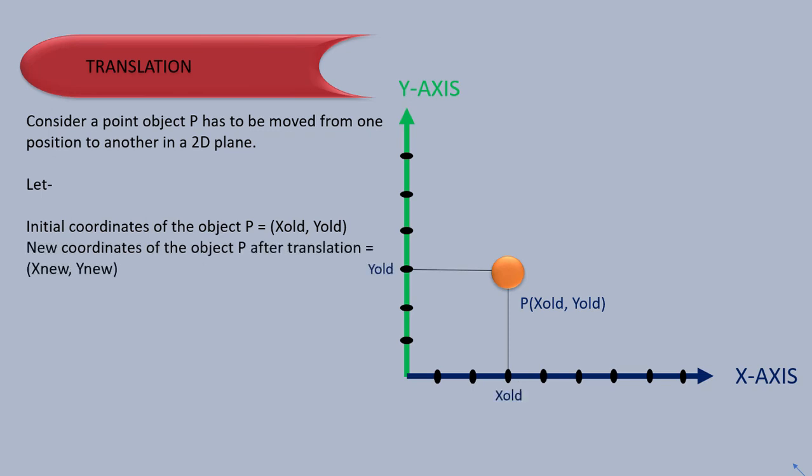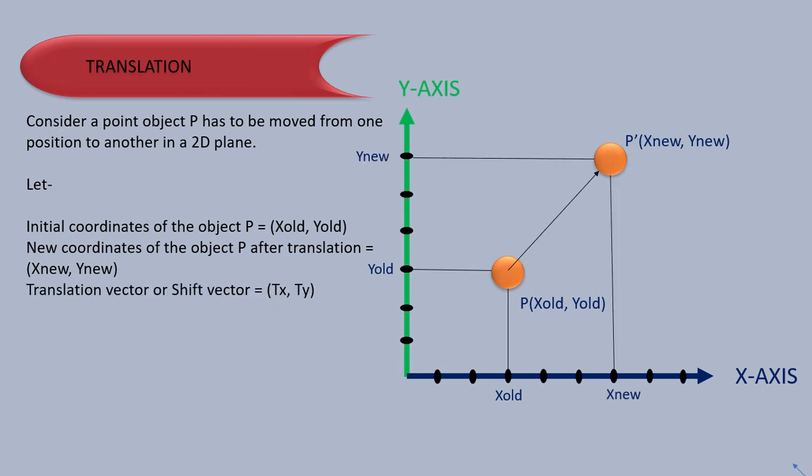Now we have the new coordinates of object P after translation. The values will be x new and y new. The point is P dash, with x new and y new, which is plotted here. Whatever translation is performed can be calculated with the help of the translation vector, also called the shift vector.